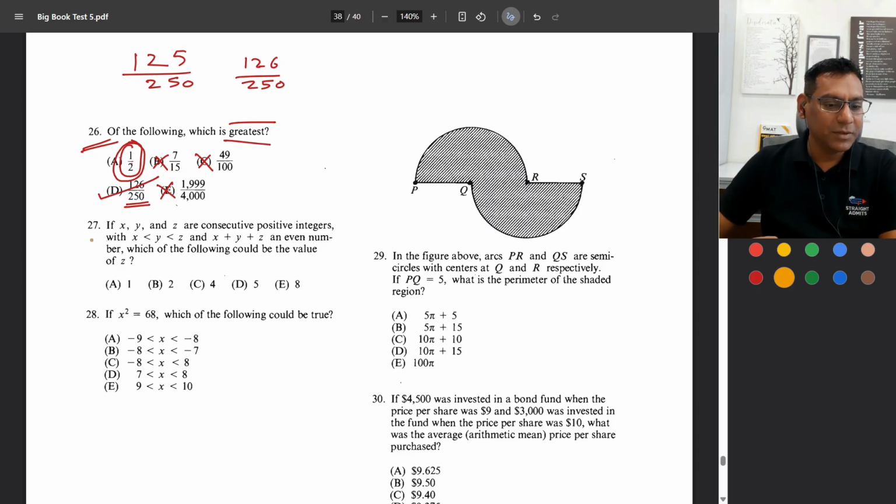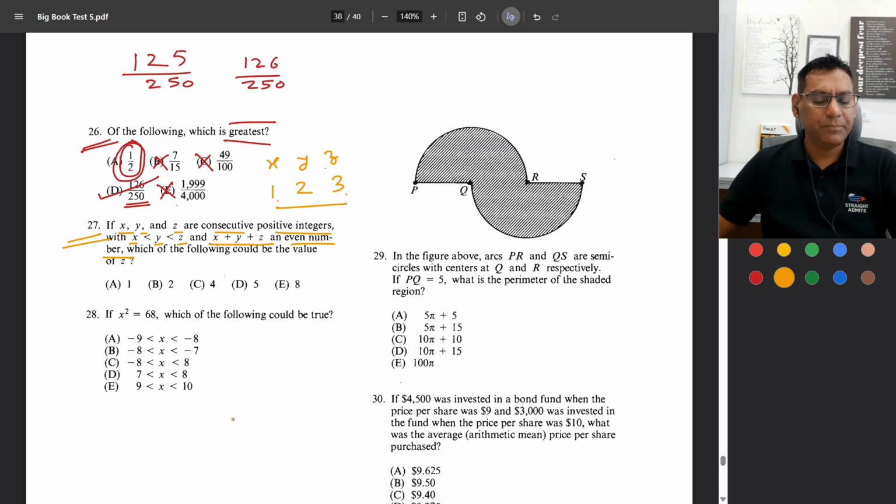Okay. Question 26. If x, y, z are consecutive positive integers, let's say 1, 2, 3, with x less than y less than z, so this will work. And x plus y plus z is an even number. I am getting an even number here, right? Essentially the logic is, if these are consecutive, it can only be even, odd, even, right?